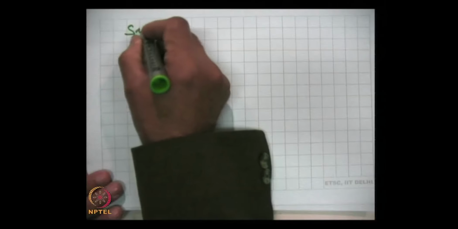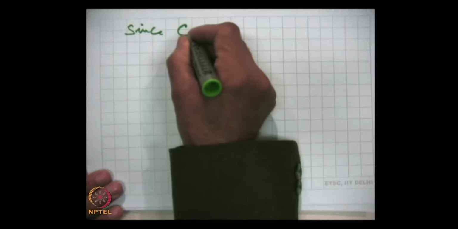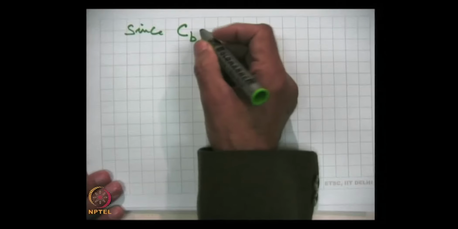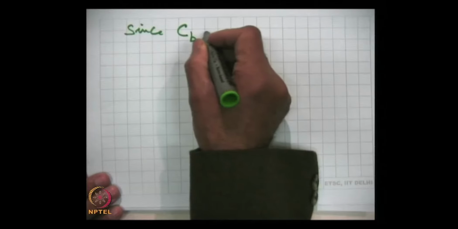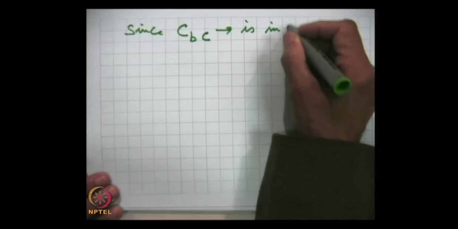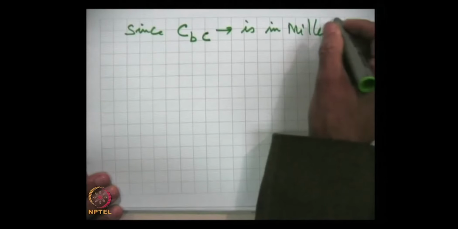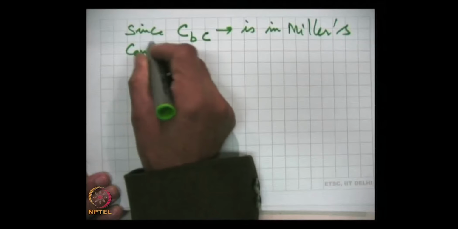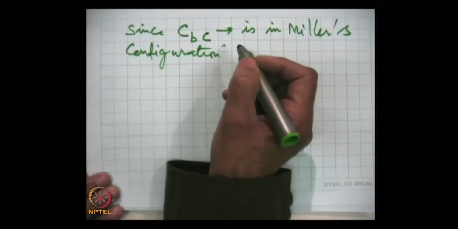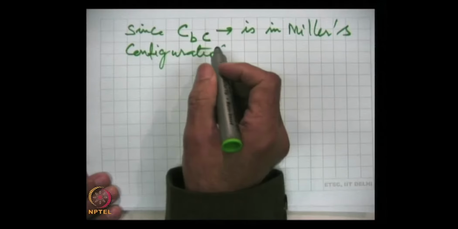Since CBC is in Miller's configuration, what will be the influence of this at the input?